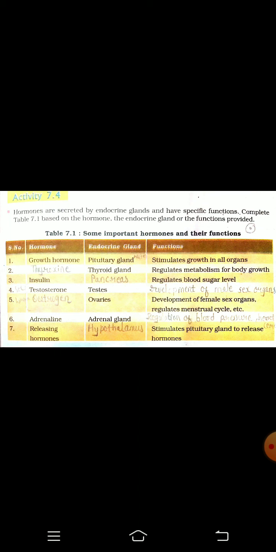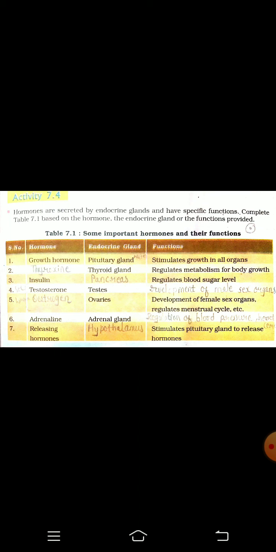Fourth is testosterone, which is secreted by testes in males, which helps in development of male sex organs. Fifth is estrogen, which is secreted by ovaries in females, which helps for development of female sex organs. It helps to regulate menstrual cycle.